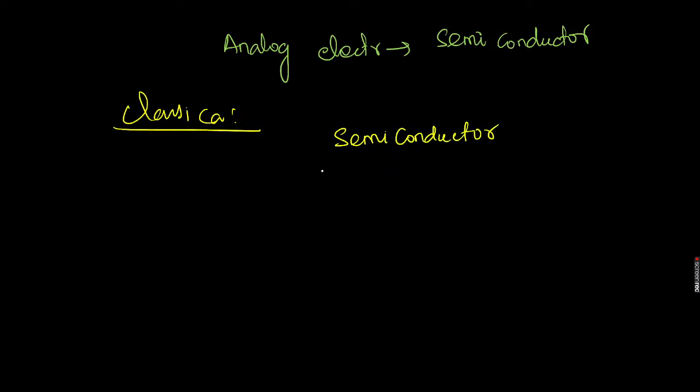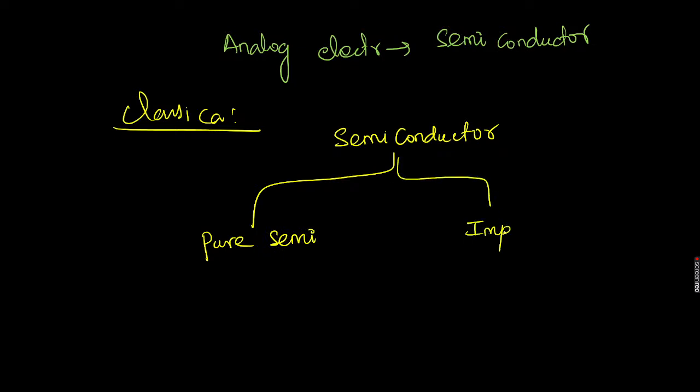One is pure semiconductor, and another one is impure semiconductor. If you again break impure semiconductor into two types, one is called N-type material and another one is P-type material.